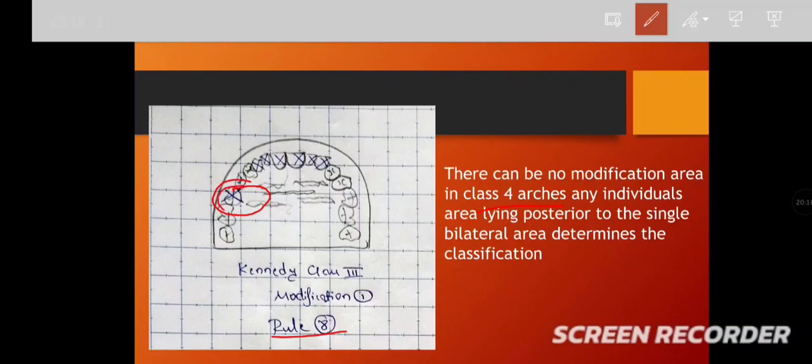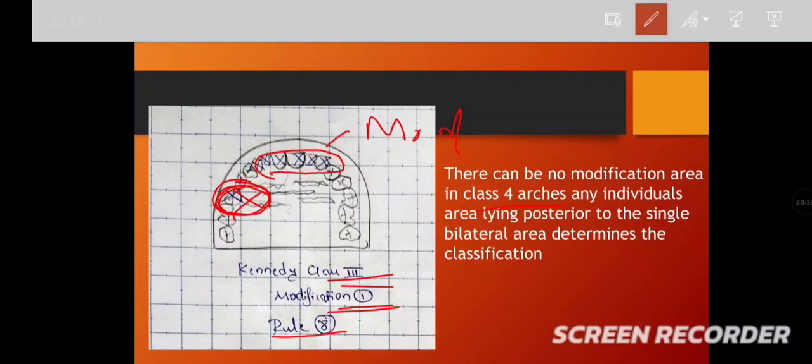So here the most posterior missing tooth is 16. Hence it is considered class 3 modification 1. The anterior teeth which are missing are considered a modification space, and the 16 which is missing is considered for the main classification.